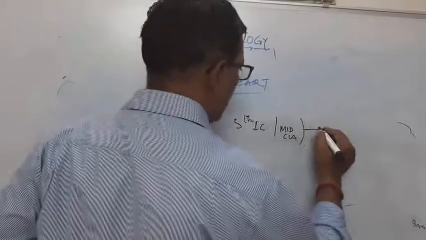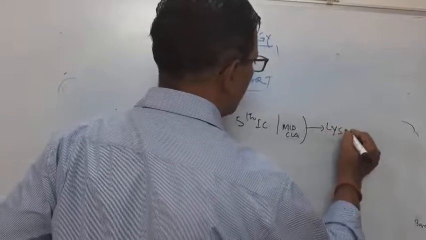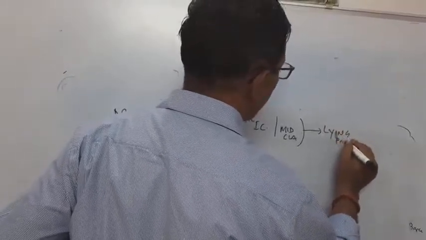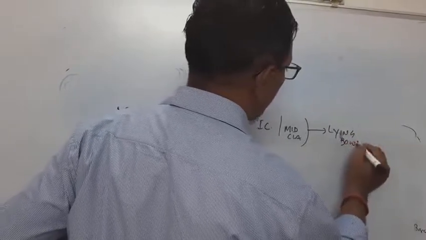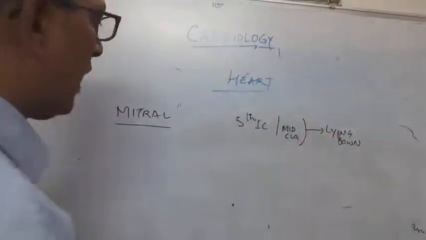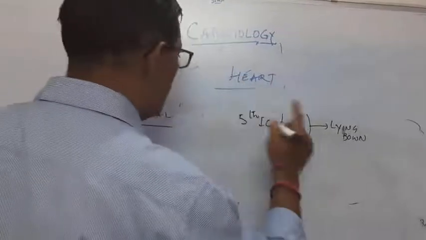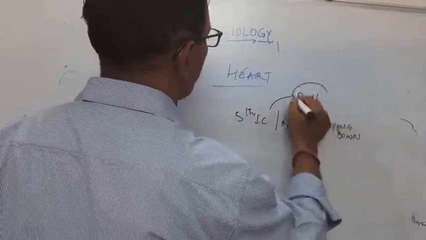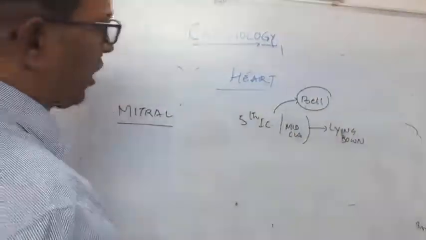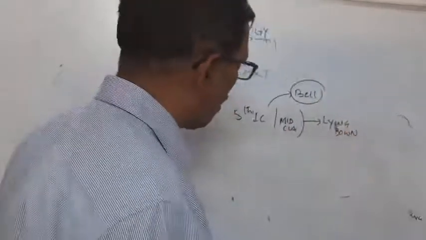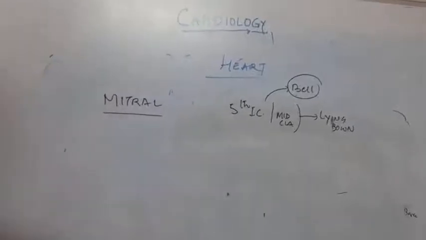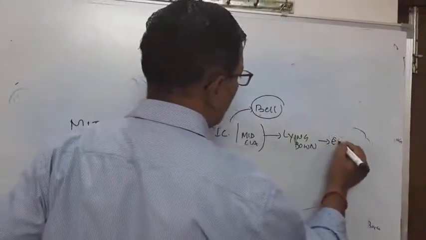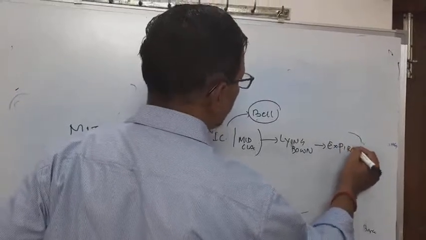This is taken only in the lying down position. This is the only sound which is heard by the bell. All the other sounds I'll be talking about will be taken by your diaphragm. This is well heard during the expiration phase.